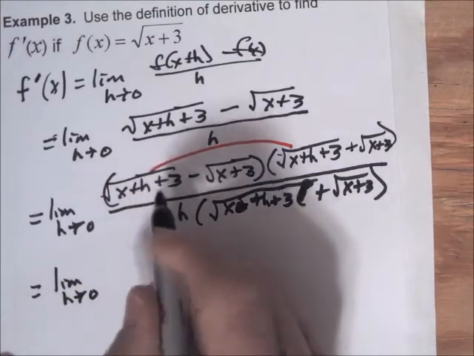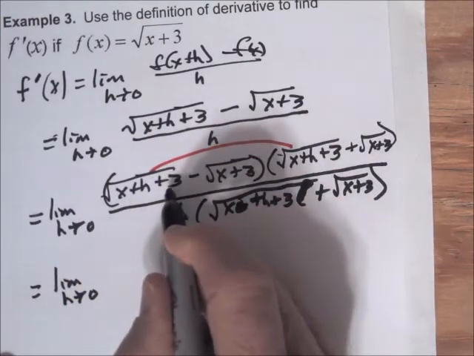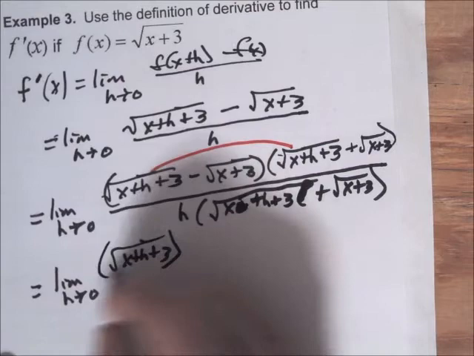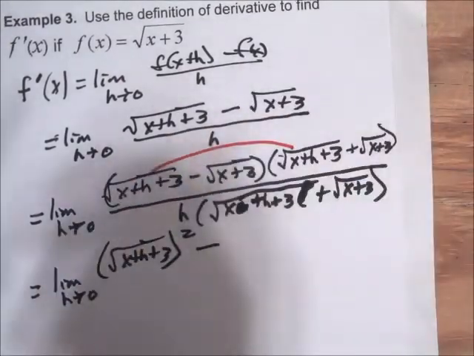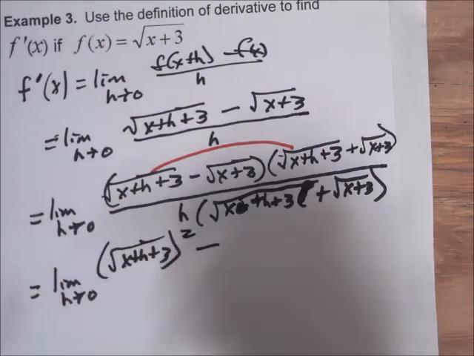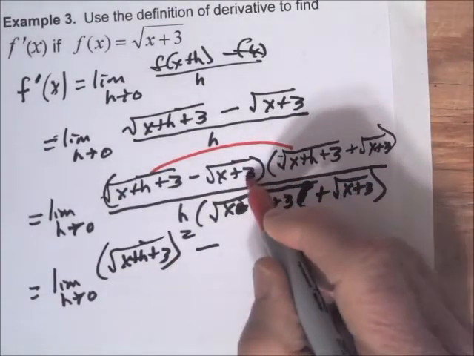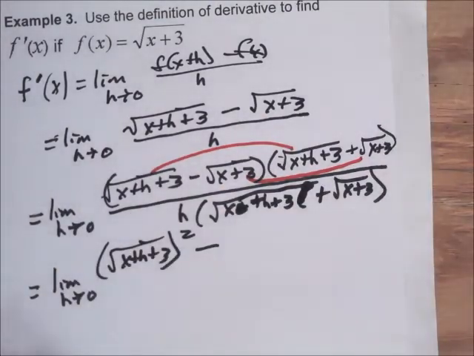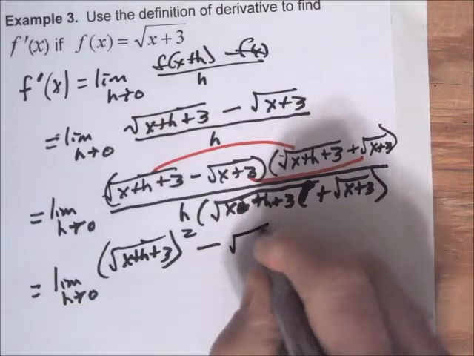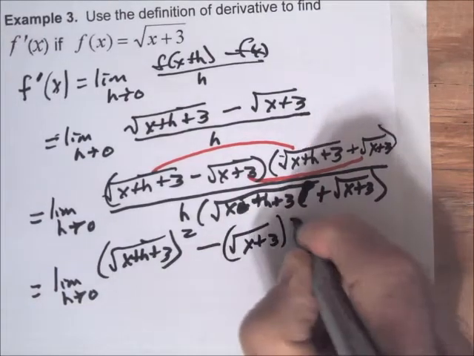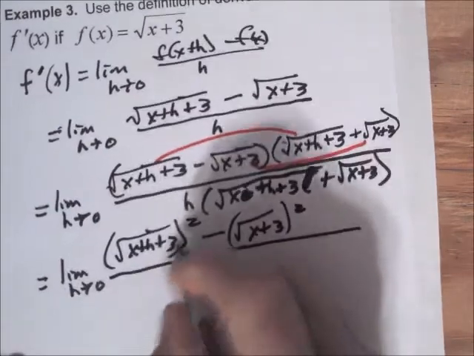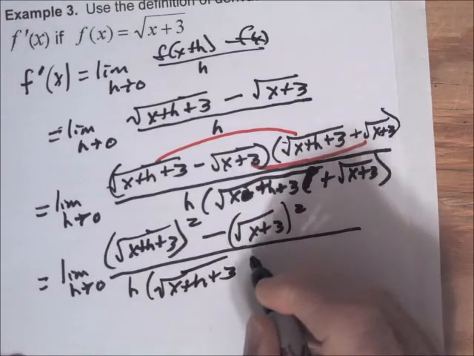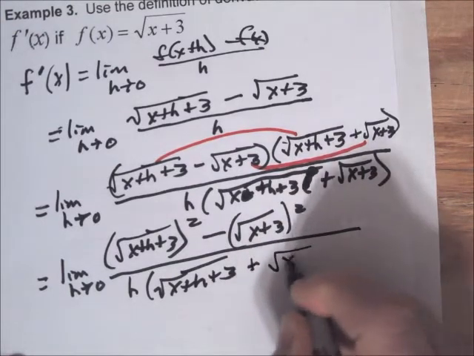So square root of x plus h plus 3 times itself, so square root of x plus h plus 3 squared, minus the last times last, square root of x plus 3 times itself, and it's a negative times a positive, so it'll be negative, square root x plus 3 squared, over h times square root of x plus h plus 3 plus square root of x plus 3.